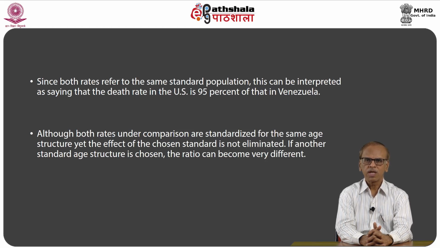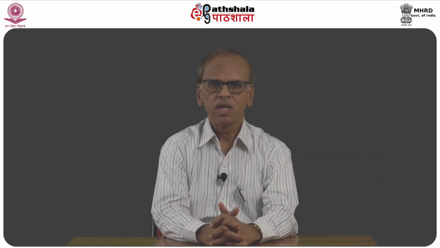Although both rates under comparison are standardized for the same age structure, yet the effect of the chosen standard is not eliminated. If another standard age structure is chosen, the ratio can become different.